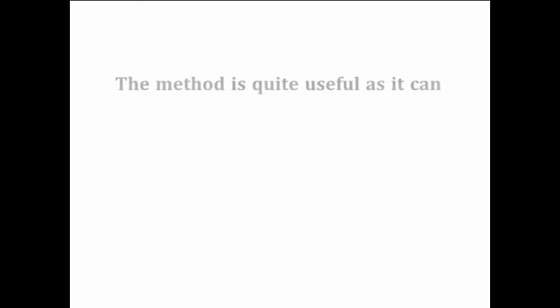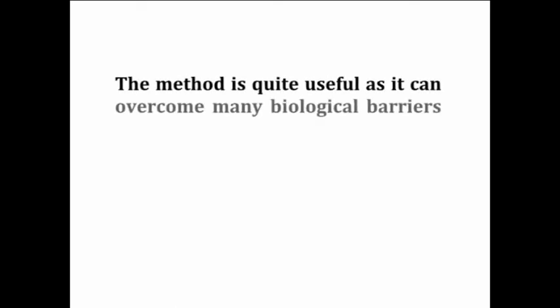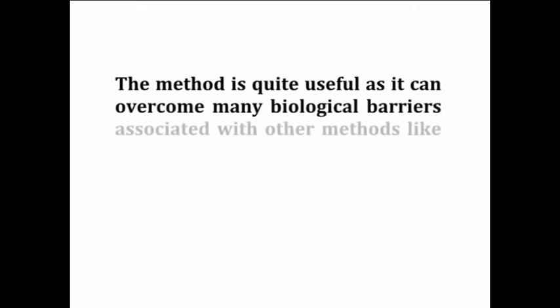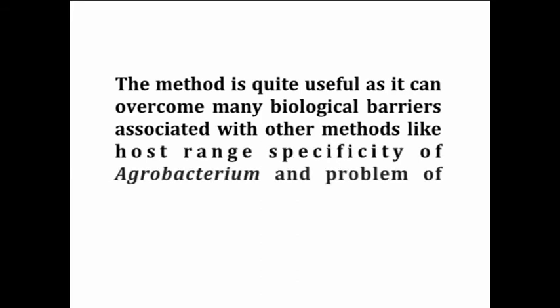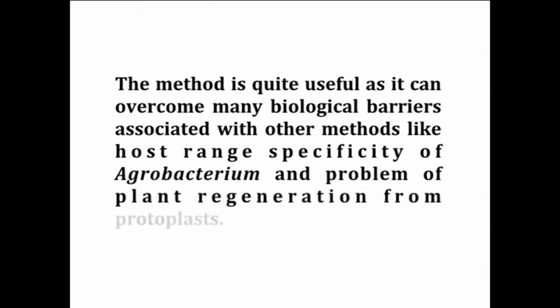The method is quite useful as it can overcome many biological barriers associated with other methods, like host range specificity of Agrobacterium and the problem of plant regeneration from protoplast.